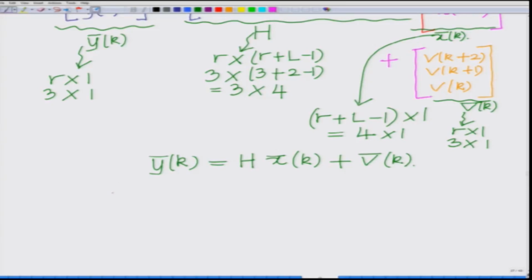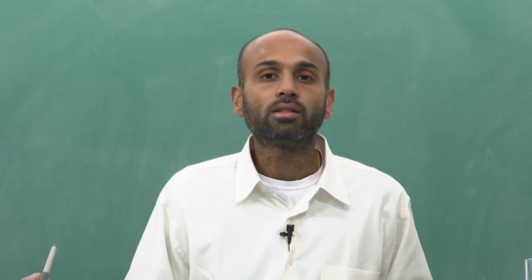What is this? This is the vector model for the ISI channel, that is, a communication channel with inter-symbol interference. ISI means inter-symbol interference.